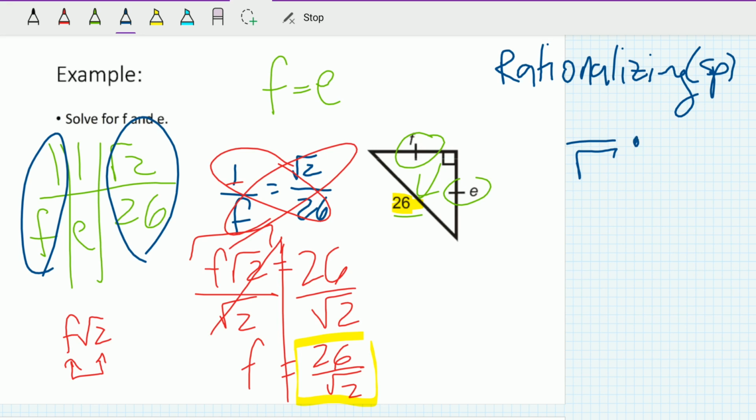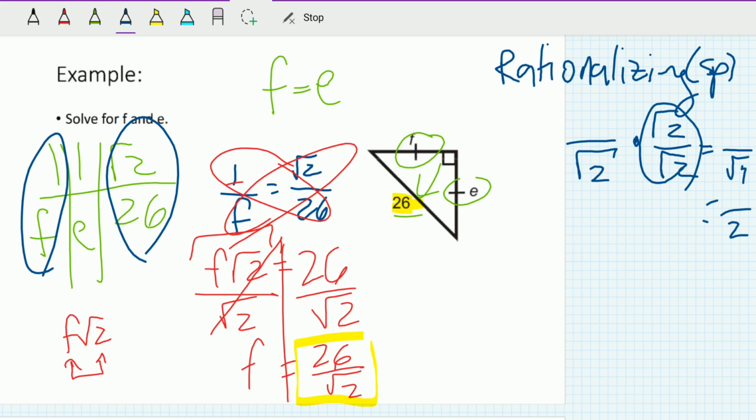So what you would do is multiply by whatever this number is. In this case, it's a 2. So you would multiply by square root 2 over square root 2, both the numerator and the denominator, and then the denominator ends up simplifying, because you force it to become a perfect square root by multiplying by the same number.